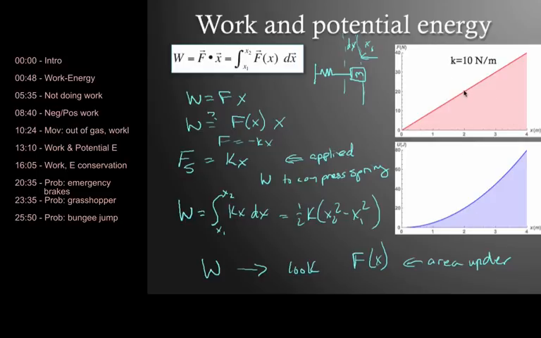So at 2, if we compress this spring 2 meters, it's going to take 20 joules of work in order to compress the spring 2 meters. So you could do 1/2 b times h, right? So 1/2 times 2 is 1, times 20 is going to give you 20 again.